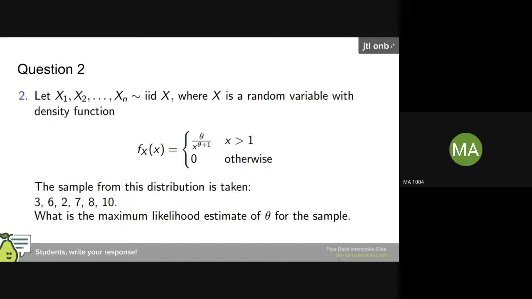Or else if we have given it like that, you will simply integrate it and find the value of theta, right? See, if there is only one theta which satisfies the integral from 1 to infinity, this particular f(x) will give 1.